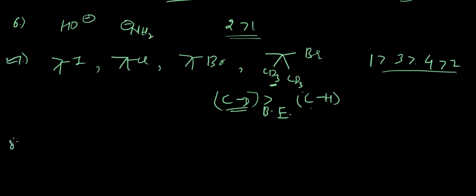This is a good example. Let's come to the next example, wherein we want to compare the rate of reaction between these two simple products. So what would be the rate of reaction here?